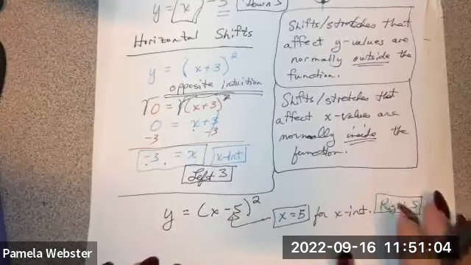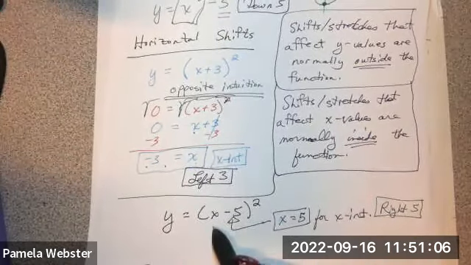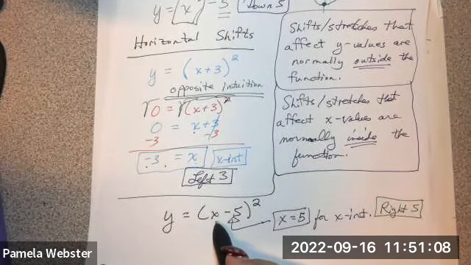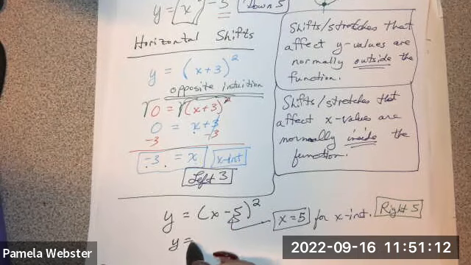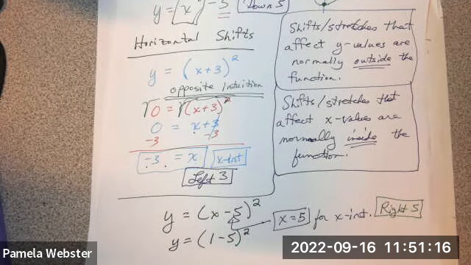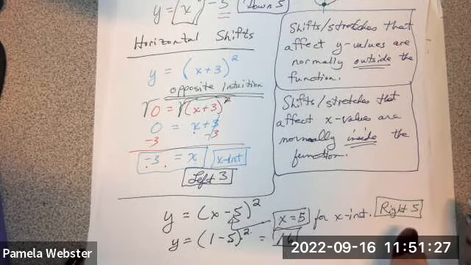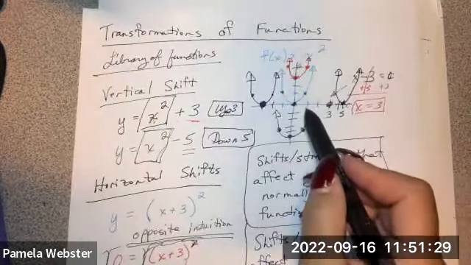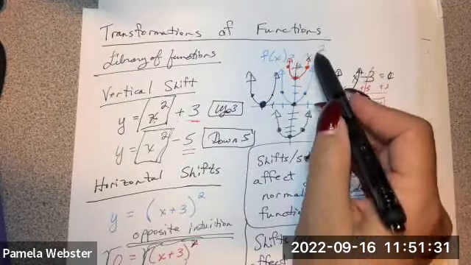So for instance, we know that the original function, when x was 1, y was 1. So you could plug in, what if x is 1 here? Then you would see, okay, 1 minus 5, that's a -4, and -4 squared is +16. So on this graph we would have 1, 16.